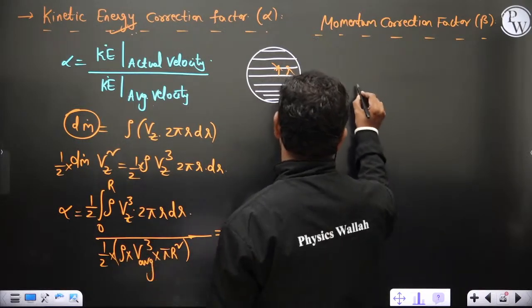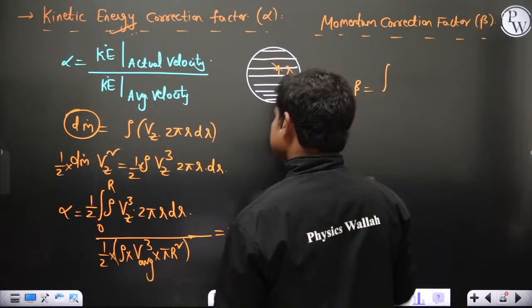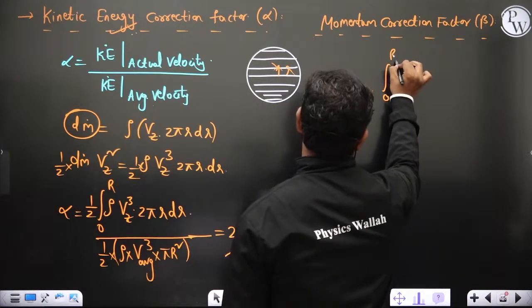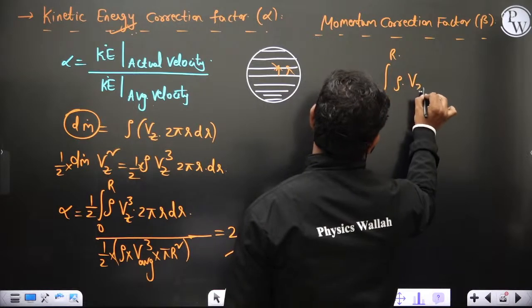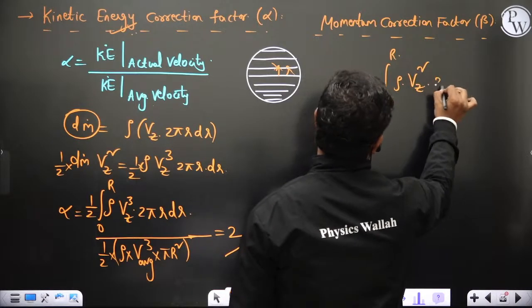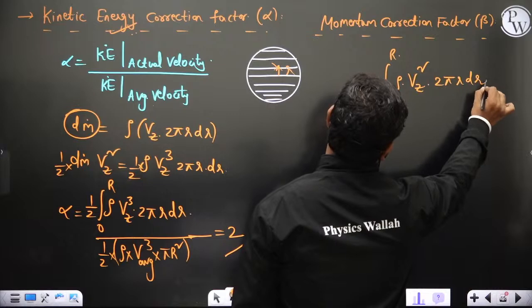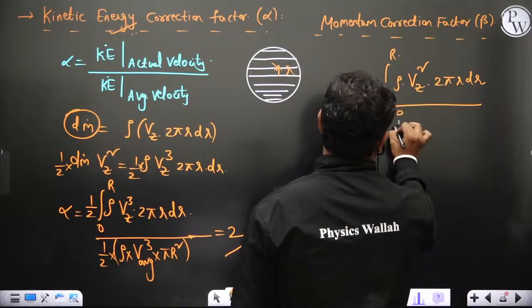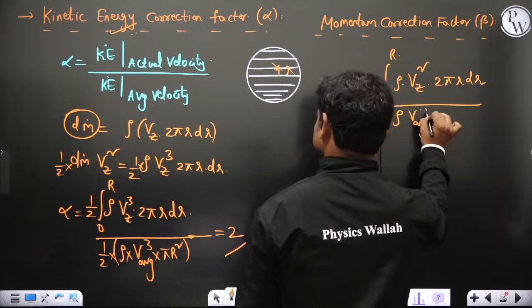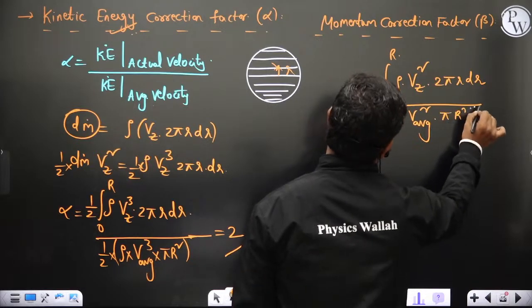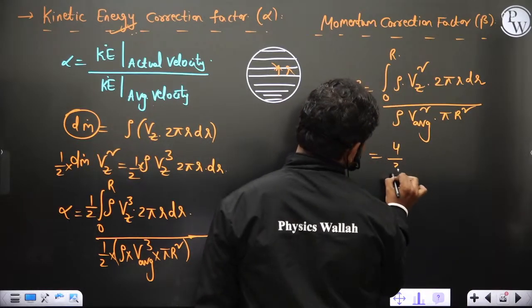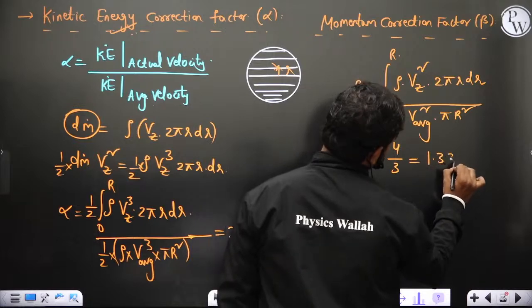Similarly here, beta is the integral 0 to capital R rho times vz square into 2 pi r dr, by rho times v average square into pi r square. If you do it, you will end up with this value as 4 by 3 for laminar flows, which is 1.33.